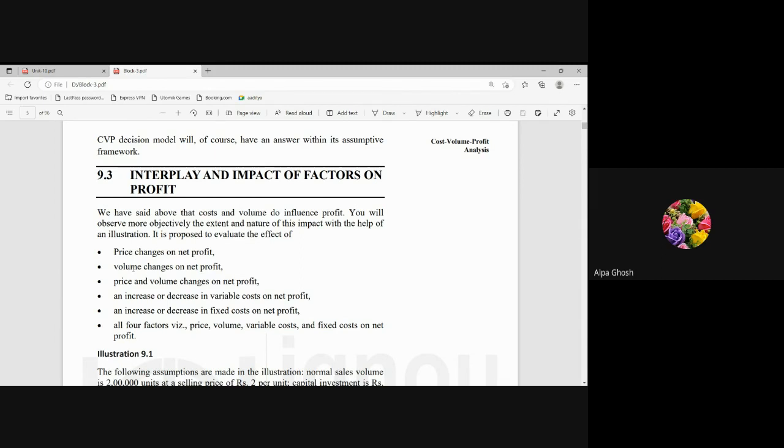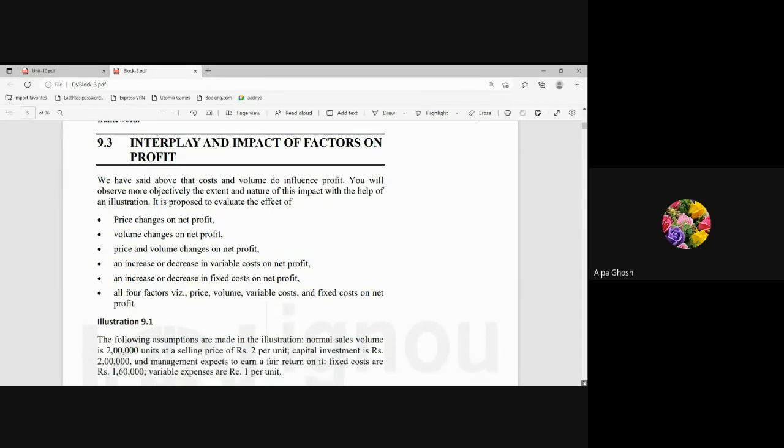We will also analyze how volume changes affect net profit, price and volume changes together, an increase or decrease in variable cost, an increase or decrease in fixed cost. All four factors that we have seen, the price, volume, variable cost, and fixed cost, how they are going to change your net profit.